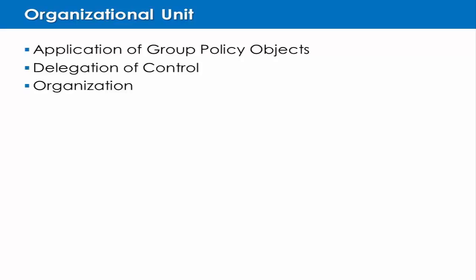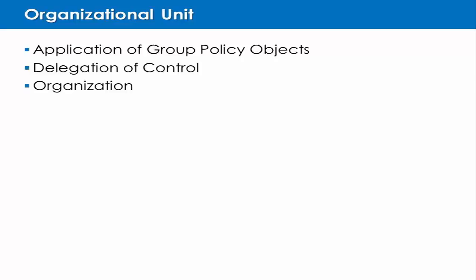Number one, how are your group policy objects going to be applied? And I know we haven't talked about group policy up to this point in the course, but we will talk about it later. When those group policy objects are applied, figure out how that's going to work. Second is any delegation of control, which we're going to look at in just a moment. And third, well, what looks nice, right? Just being organized, easy to find things.